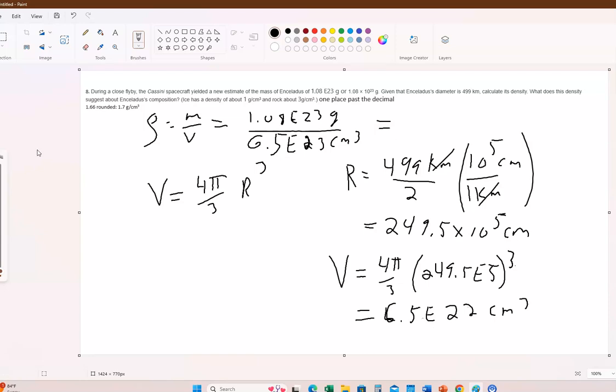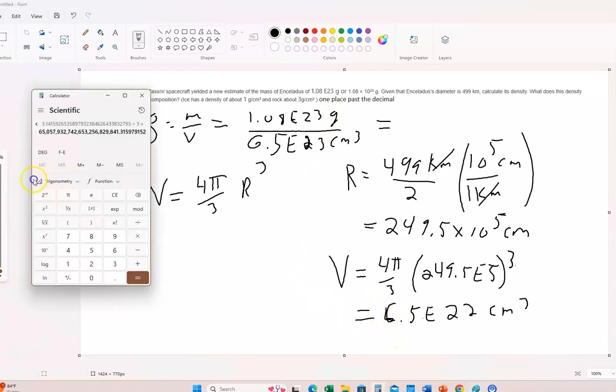Let's see what the answer turns out to be, and we already know it should turn out to be 1.7. Let me get my calculator. Remember, this is going to be my denominator. So let me store that real quickly, put that into memory storage.